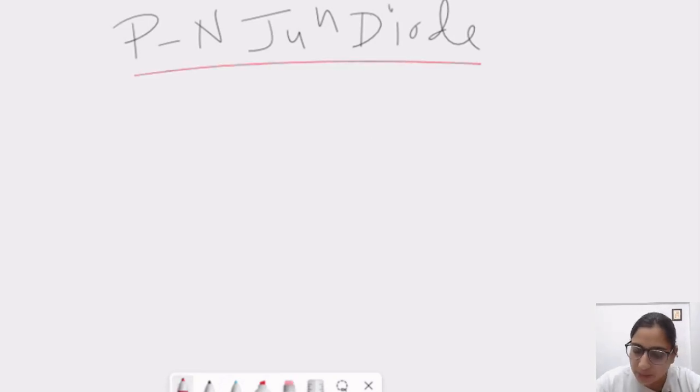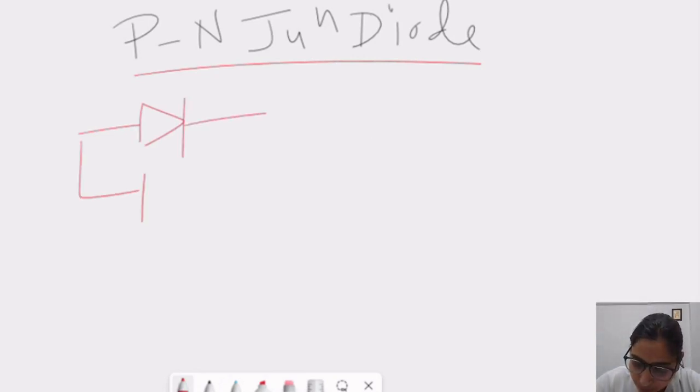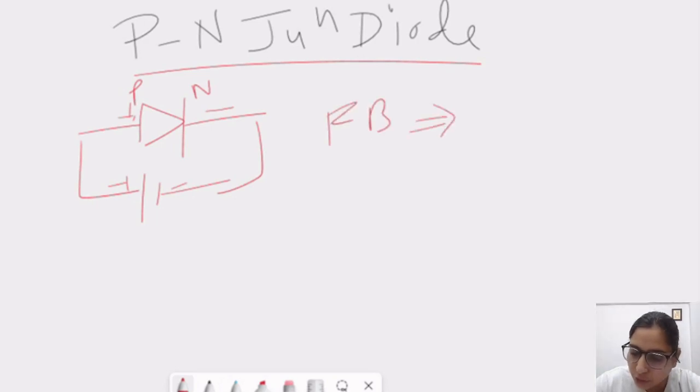So what happens in the ideal condition? Let's say this is a diode in the ideal condition. We know that in forward bias it will start conducting. In forward bias, we connect the P side to the positive terminal and the N side to the negative terminal. So what happens in the forward bias condition of an ideal diode? We consider that it possesses zero resistance.